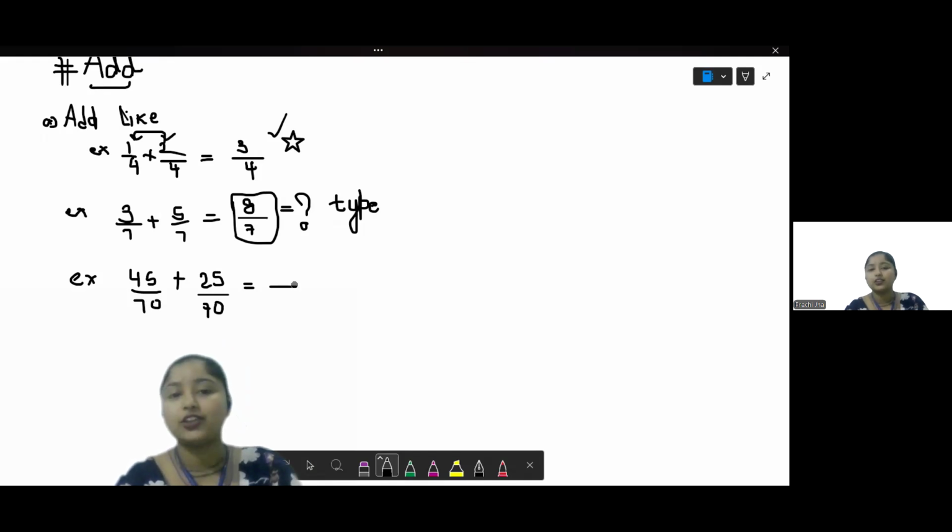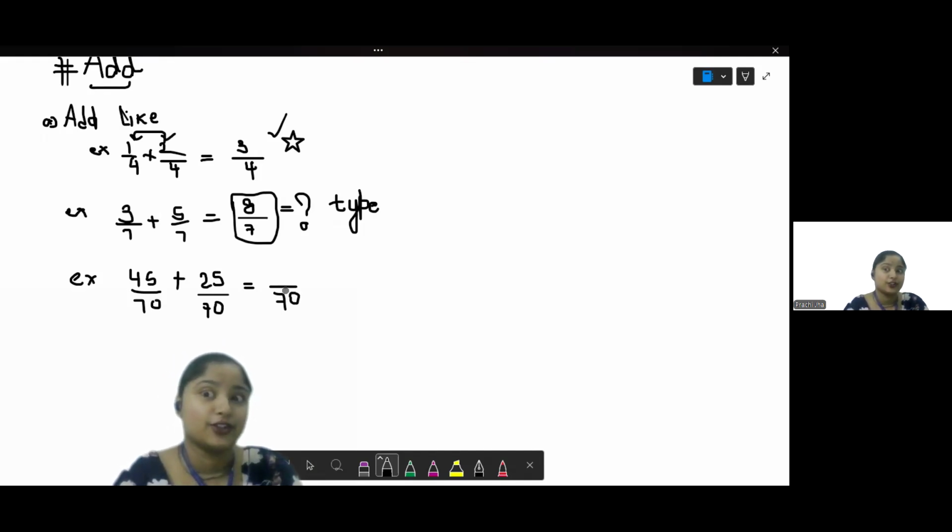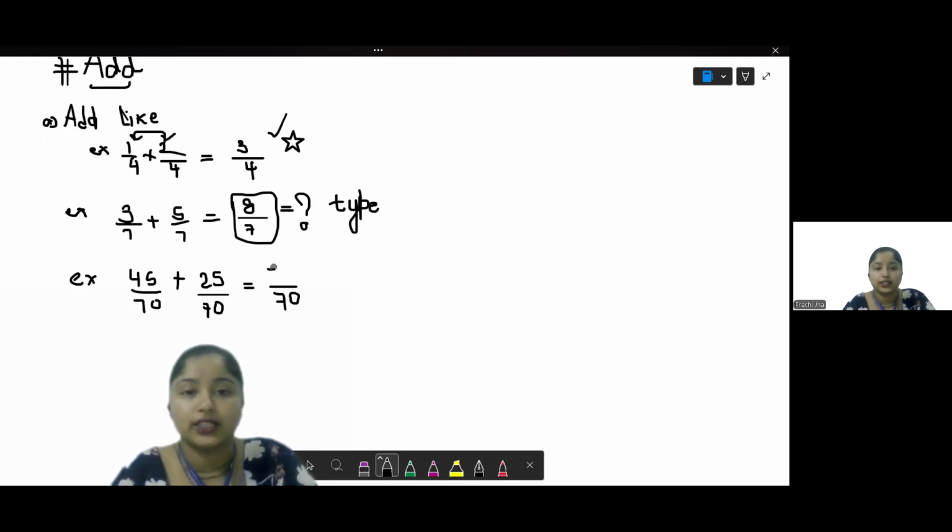So, again, the denominator will be the same, that is 70 only. The numerator is going to change, it will add up only. So, 45 plus 25 is going to be 70, right? So, you can write it as 70 over 70.